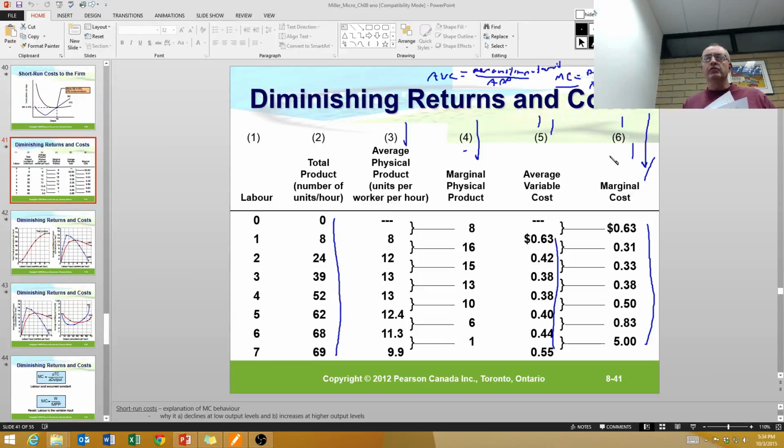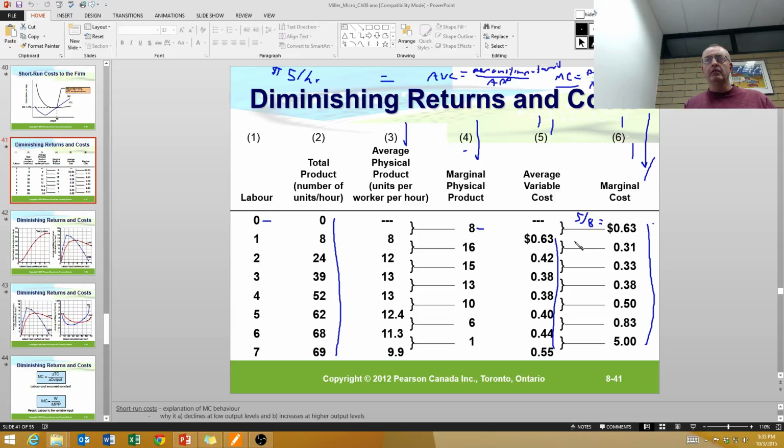So there's an assumption. In this example, the input we're using is labor, and the per unit labor cost is $5. It's like $5 an hour. So when we take 5 and we divide it by this marginal physical product figure of 8, 5 divided by 8 equals 0.63.